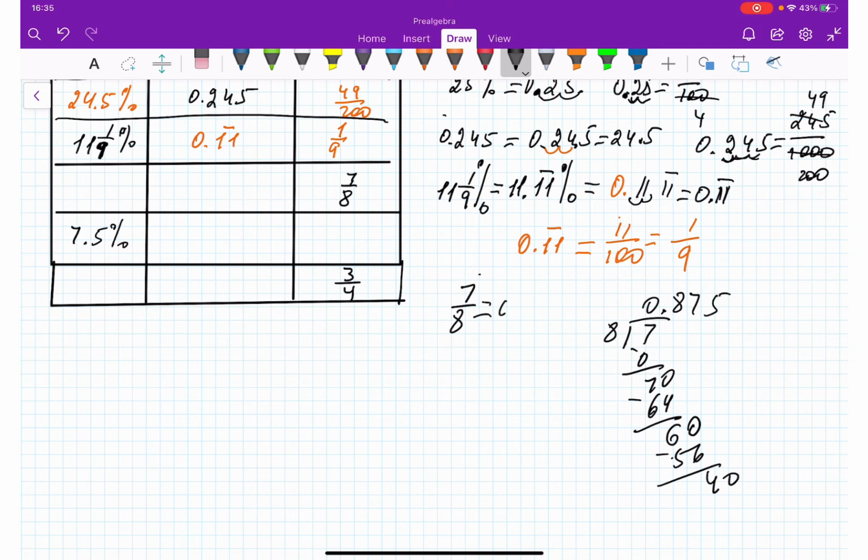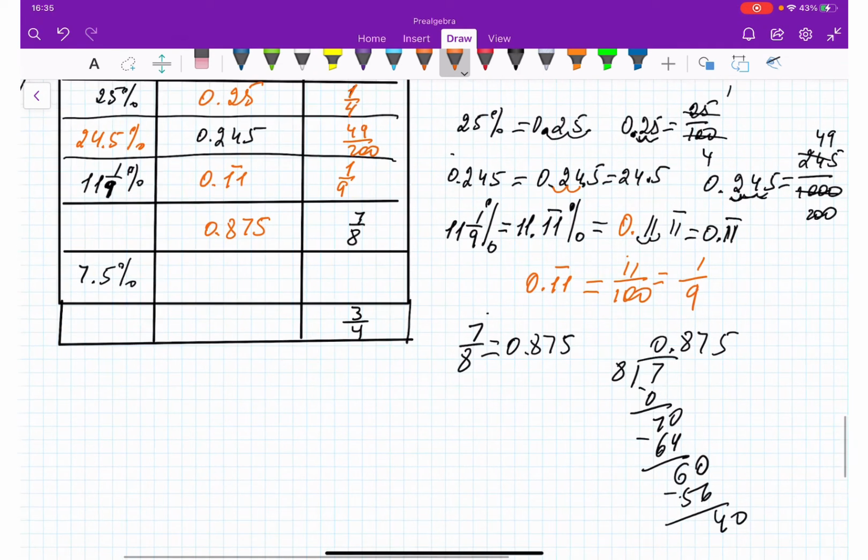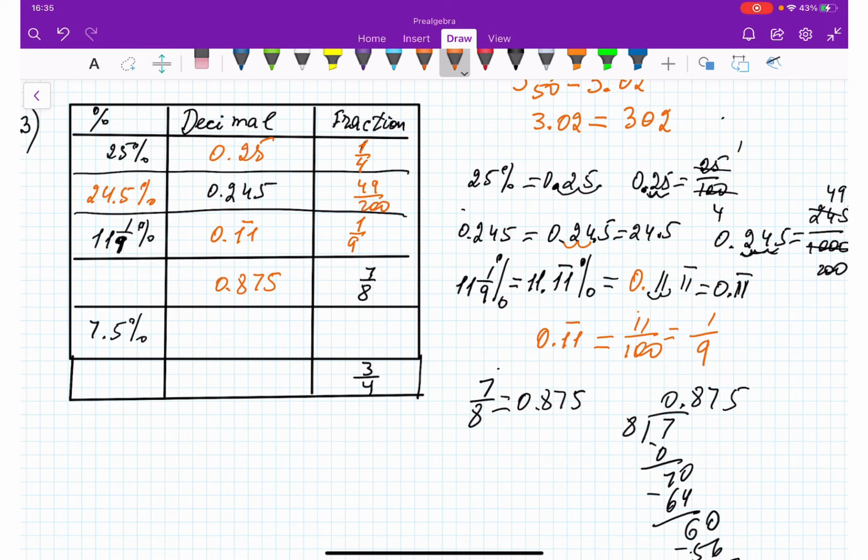So it's going to be 0.875. Okay. 0.875. And now to convert the decimal to percentage, what we are going to do, we need to multiply by 100, right?